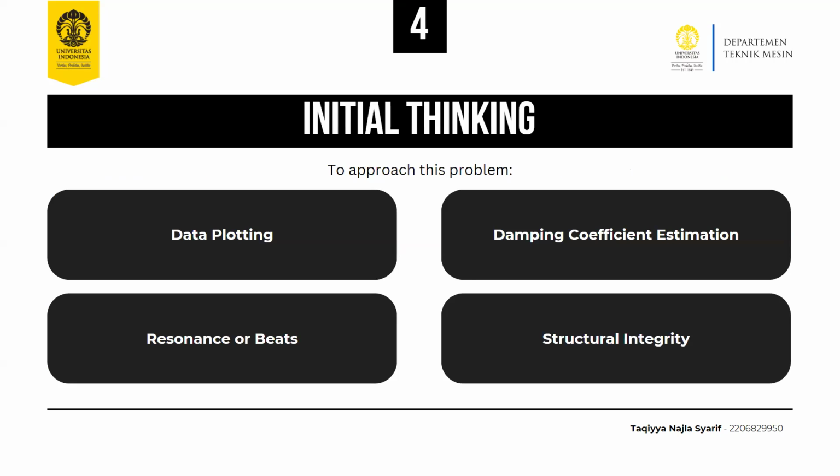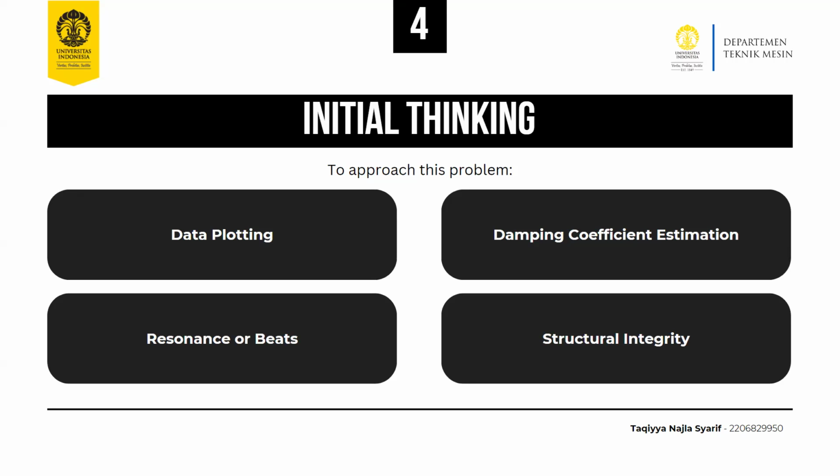The first is the initial thinking to approach this problem. We have four. The first one is data plotting, which means plot the given displacement data to visualize the trailer's motion and describe the observed behavior. The second one is damping coefficient estimation, which means use the displacement data and a mathematical model to estimate the damping coefficient by minimizing the sum of squared errors, or SSE.